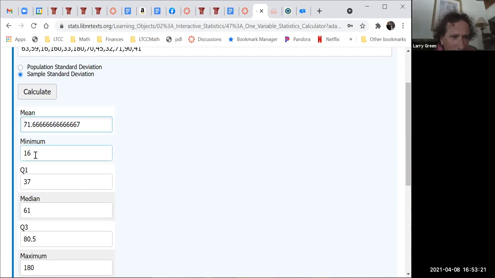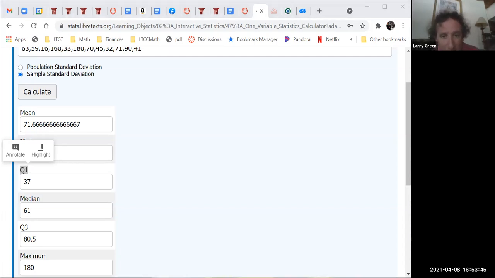All right, I hope I don't need to spend much time talking about minimum. You all good with that? The lowest number of units for the sample was 16. Okay, Q1, something you may not have seen before. Q1 is really important. Q stands for quartile. Let me write this in the chat box.